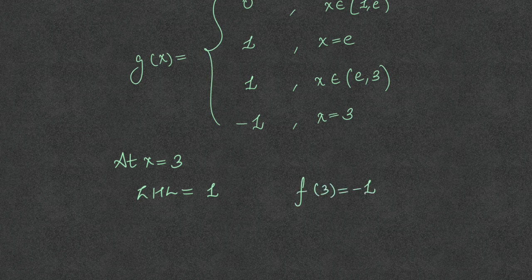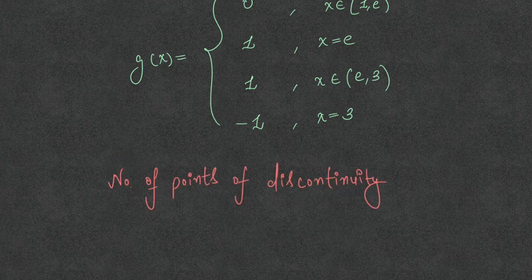We cannot find the right hand limit here because the function is defined only up to x equal to 3. The values are not equal, so clearly this is also discontinuous. So the number of points of discontinuity is equal to 2, that is at x equal to e and 3.